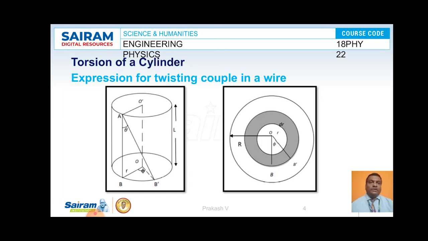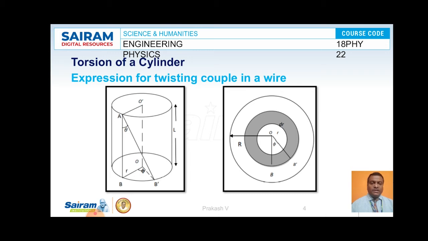And what is the torsion of a cylinder? Here we are going to arrive at the expression for twisting couple in the case of a wire. Consider a long cylindrical rod of length capital L as shown in the picture. Let R be its radius, which is fixed at its upper end, and let OO dash be the axis of the cylinder.